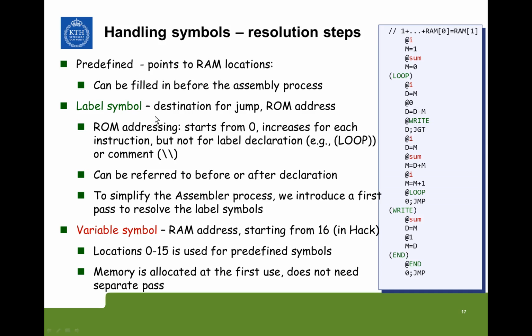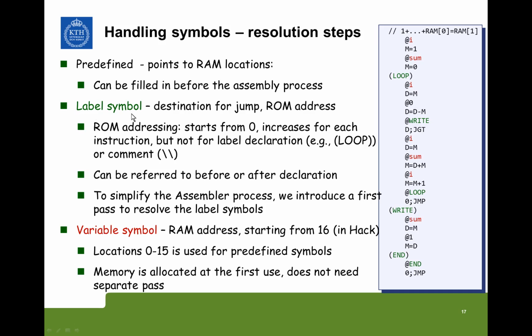Label symbols. Again, label symbols are destinations for jumps. They are ROM addresses. These addresses start from 0 and increase for each instruction, but not for label declarations. Label declarations like loop and write disappear in the machine language code.